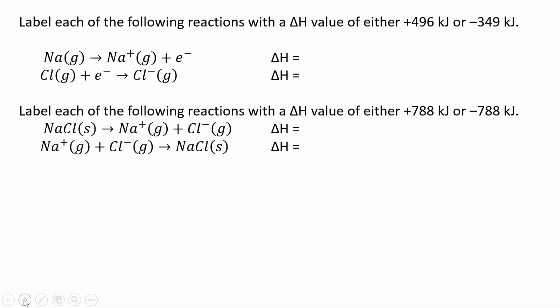We want to label these reactions with a delta H value that matches up. Delta H indicates whether it's endothermic or exothermic. An endothermic process has a positive delta H. An exothermic process has a negative delta H.